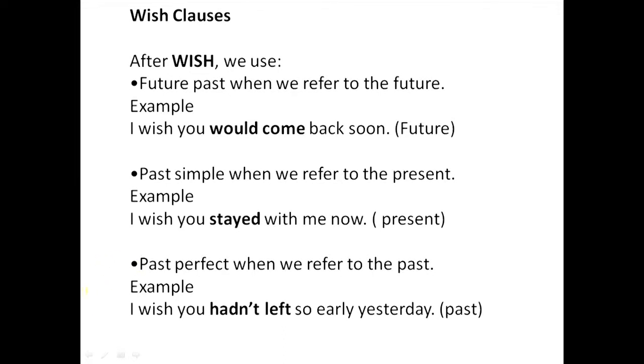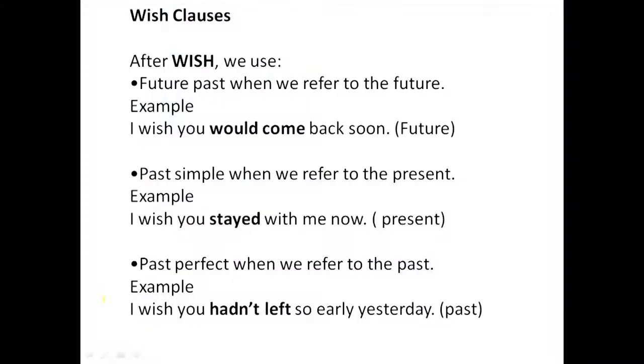Example, whatever you choose is fine. So if I wish you would come back soon, future, not now, it could be in two days' time. My wishful thought would be about something having to do with the future.